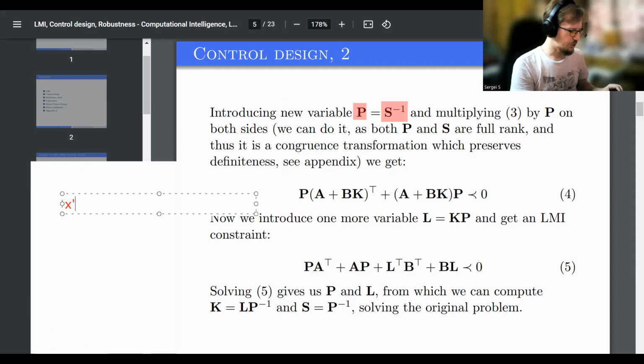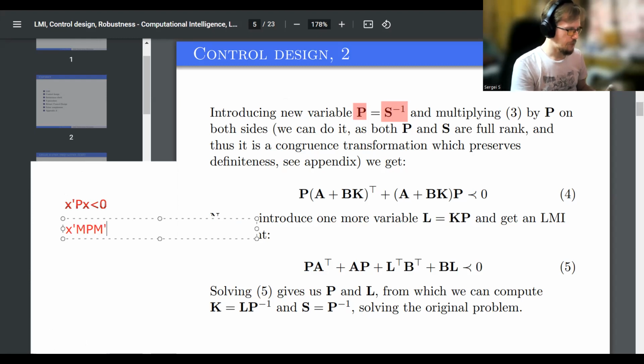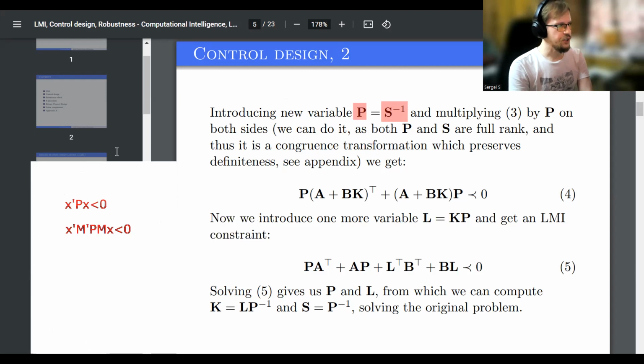So if you have x transposed P x negative definite, let's say, what we want to prove is that x transposed M P M transposed x would also be negative. So we want to prove that there is an implication that this implies this. That's what we want to prove.